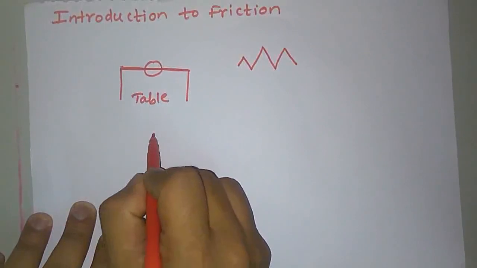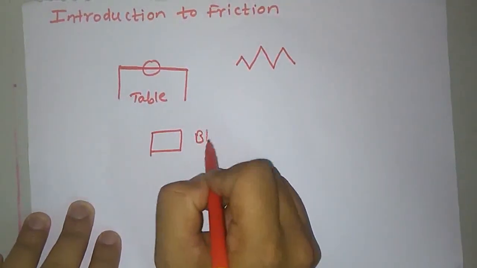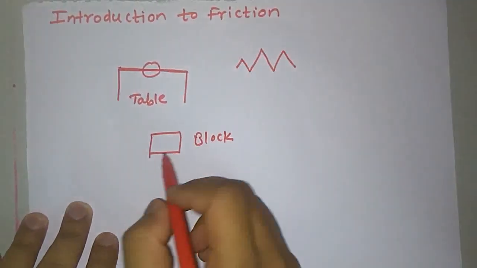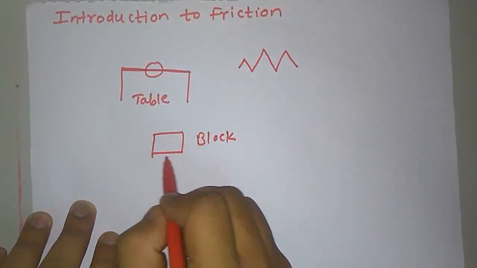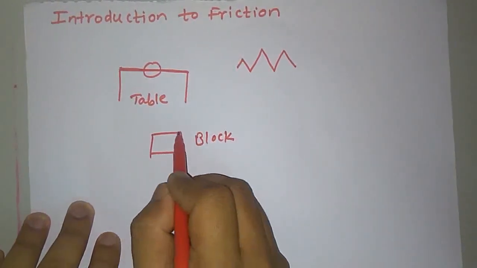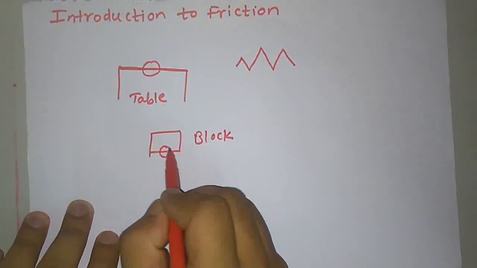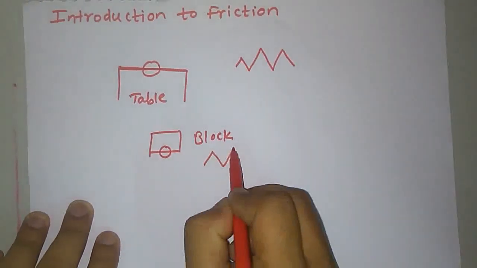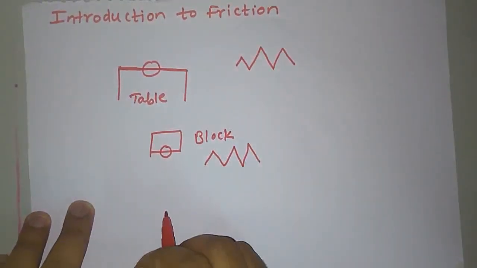In the same way, if you take any block, the same case is applicable. Though this block looks like a smooth surface, if you observe any part of its surface, you can find some irregularities.